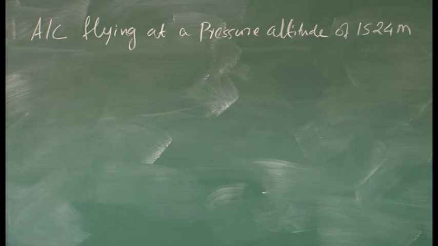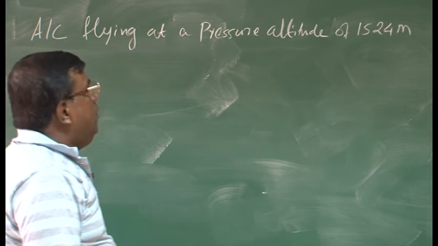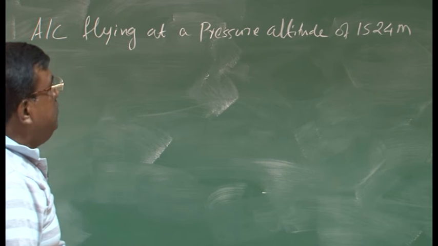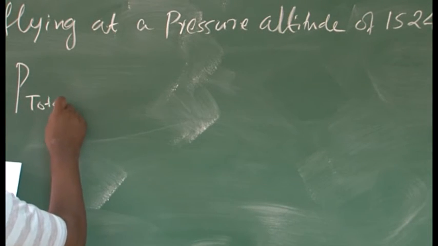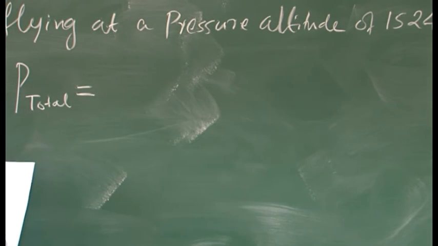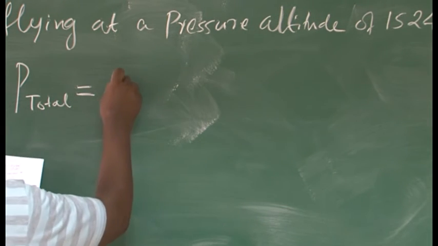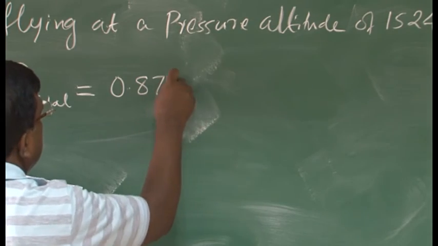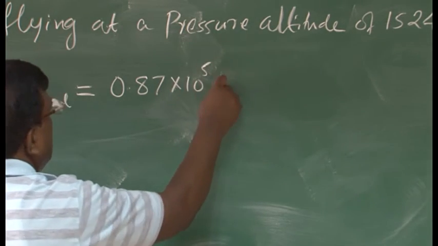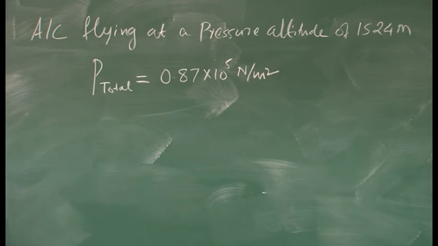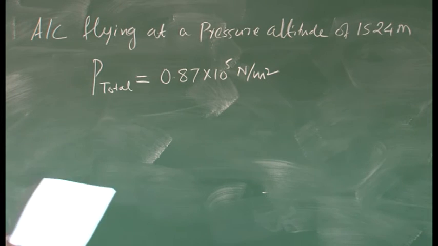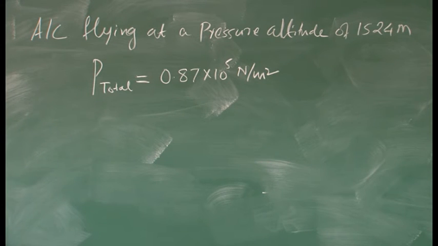The aircraft flying at a pressure altitude of 1524 meter and P total, let's say the aircraft measured was 0.87 into 10 to the power 5 Newton per meter square. Please understand, this is the P total, that is the central tube of the pitot tube. Let's say it was measured to be 0.87 into 10 to the power 5 Newton per meter square.